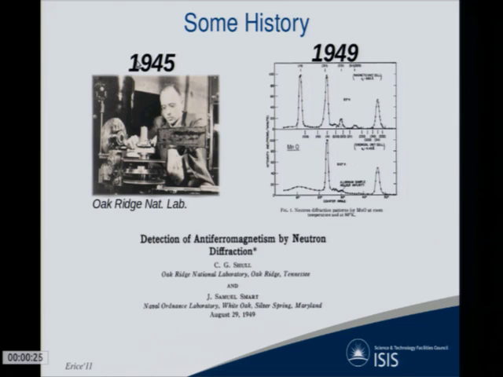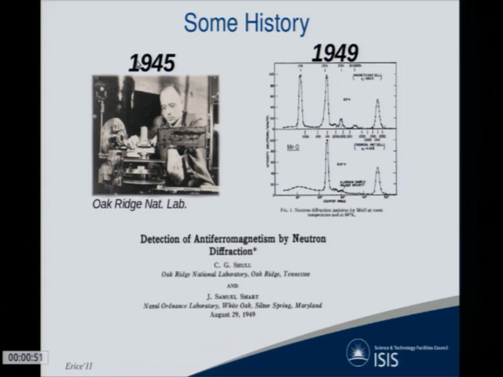You can see the resolution at the time was not so good. This is the diffraction pattern coming from the nuclear scattering alone, so this is at room temperature. And as you cool down the sample, in this case at nitrogen temperature, at 80 Kelvin, you can see all these new reflections, which are actually purely magnetic reflections coming in.